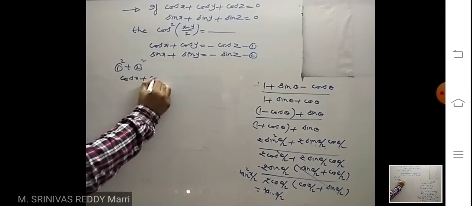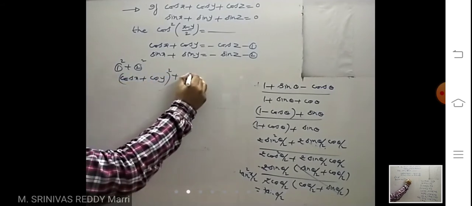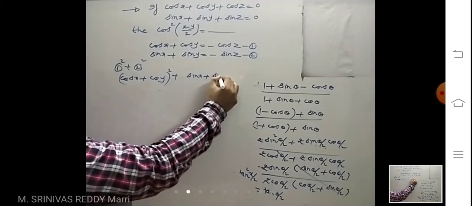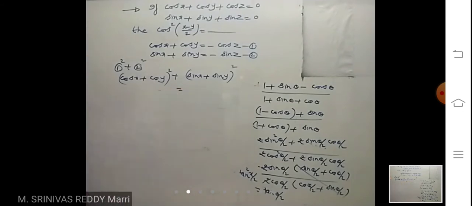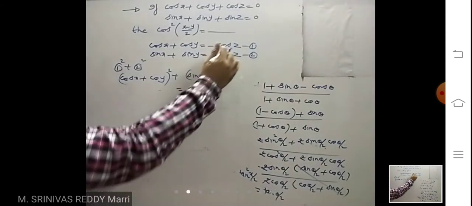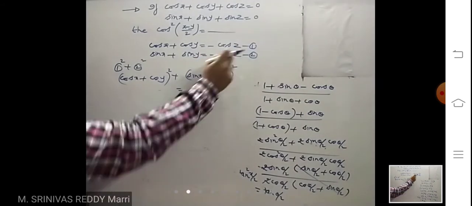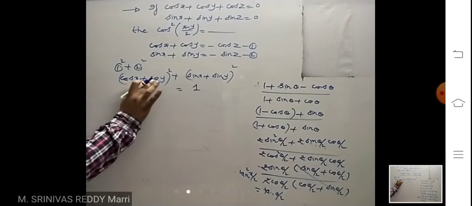Look at here. Cos x plus cos y whole square plus sin x plus sin y whole square equals cos square z plus sin square z, which is 1. Cos square z plus sin square z is 1 identity. Now look at a plus b whole square here.